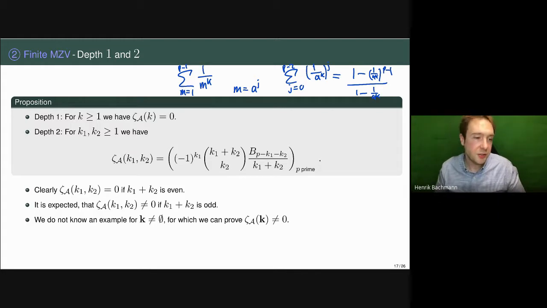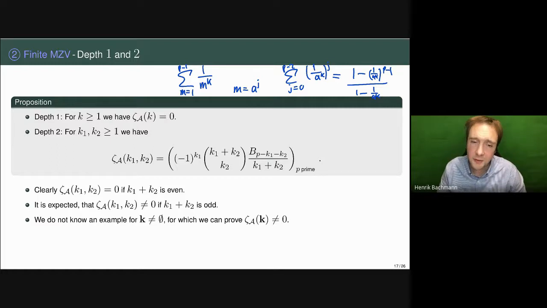And actually the sad part of the story is that we can actually not show for any value that this is not 0. So for example, to show that this here is not 0 in this case, there's this conjecture that there are infinitely many regular primes, and there's this criterion by Kummer which relates regular primes to the divisibility of the numerator of Bernoulli numbers.